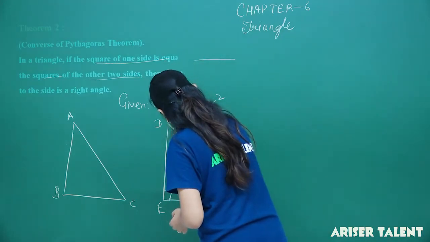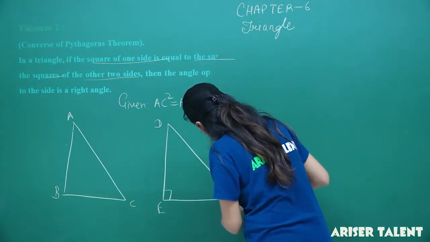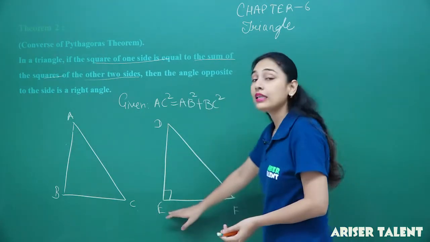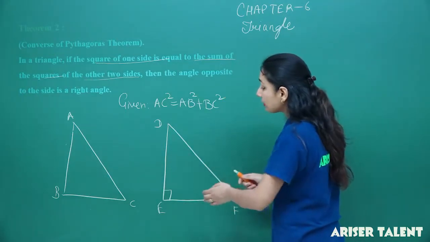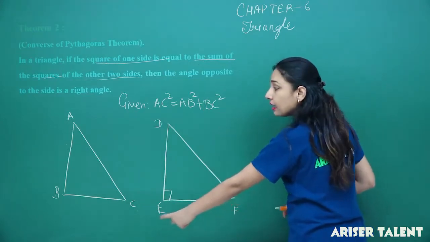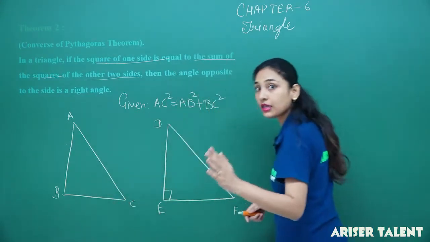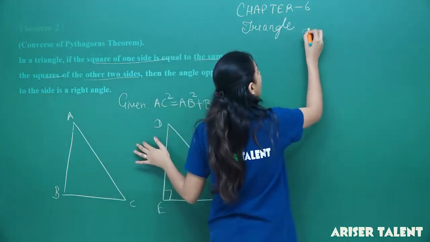I am constructing triangle DEF such that angle E is 90 degrees, so it is a right angle triangle. Now, I have constructed DE equal to AB and EF equal to BC.